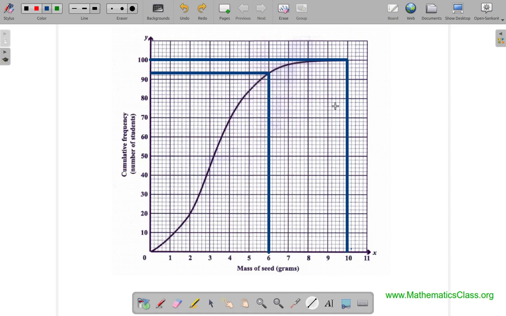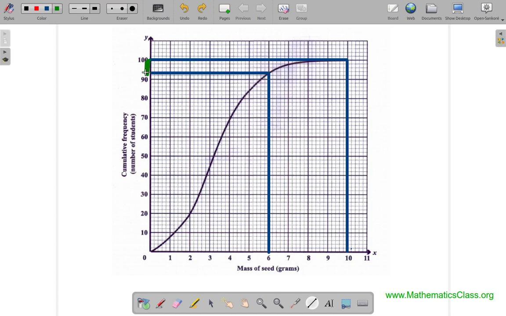Now, what you can say is that this region here represents the number of students who estimated the mass to be between 6 and 10 grams.